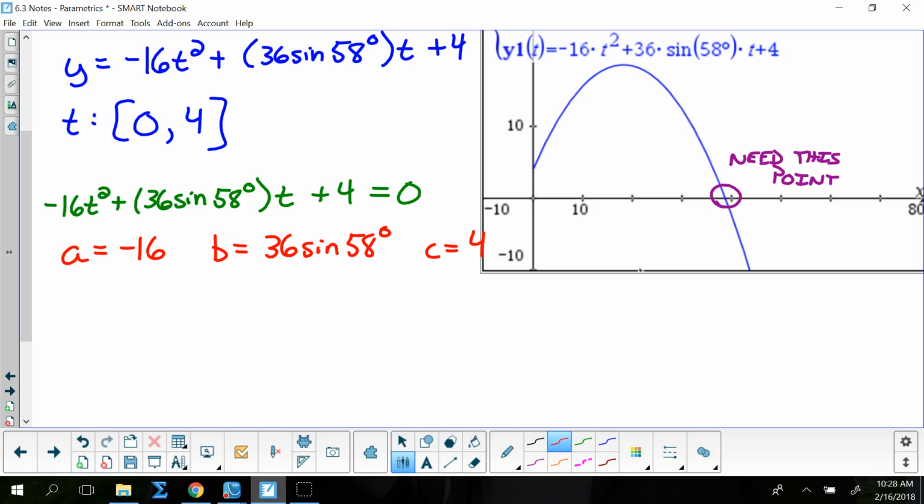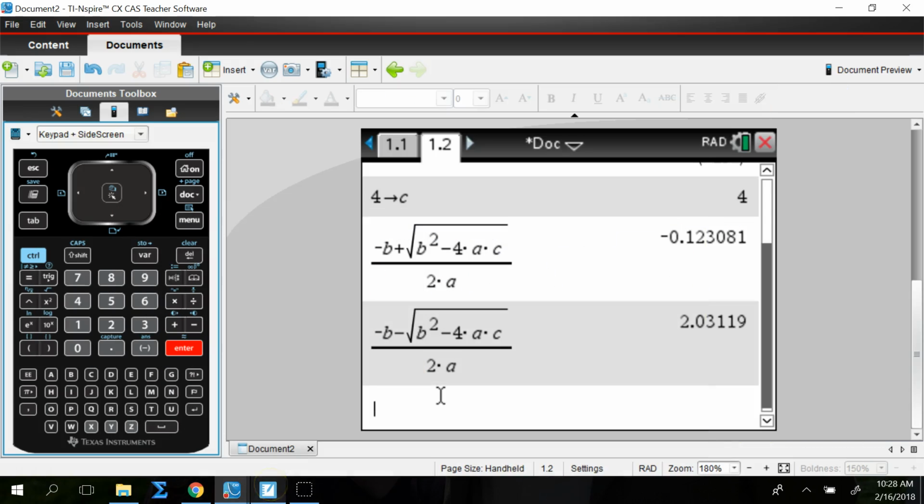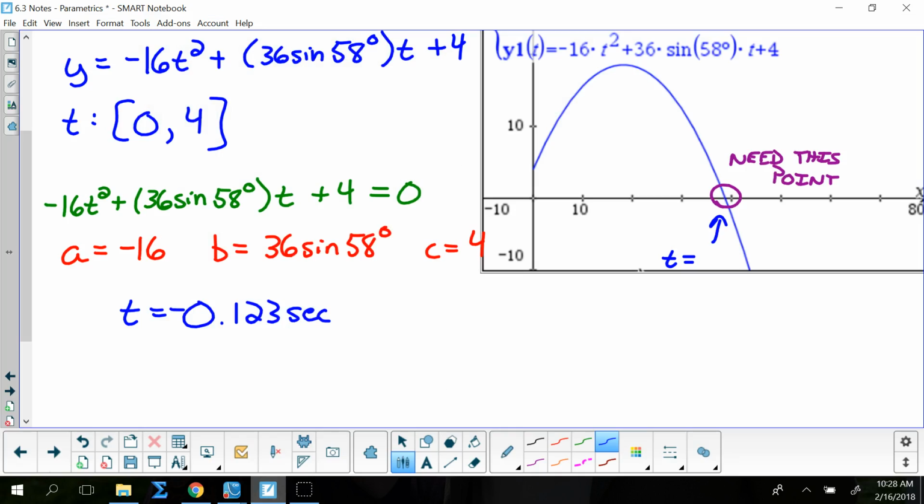So that would be t equals negative 0.123 seconds, or t equals 2.0319119.